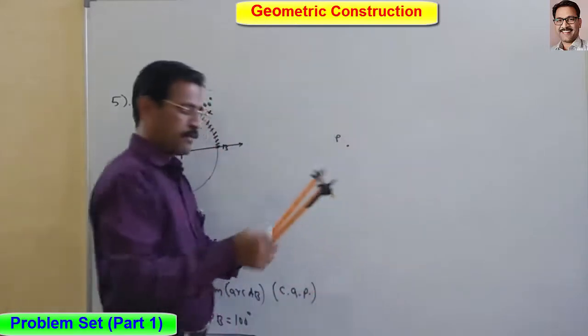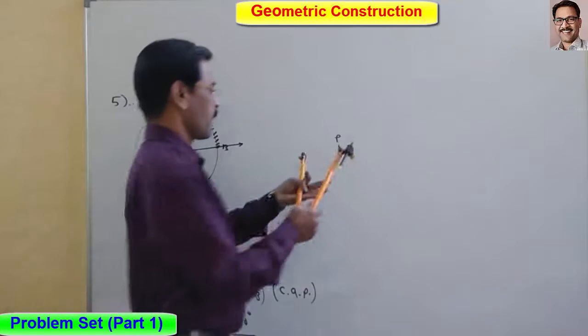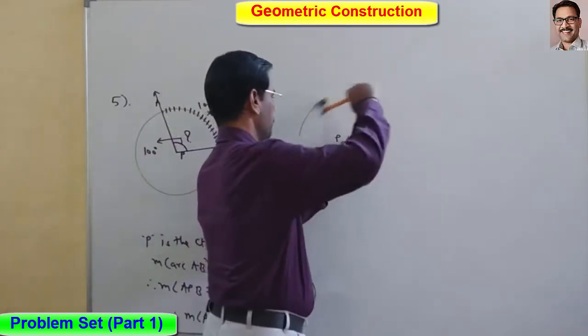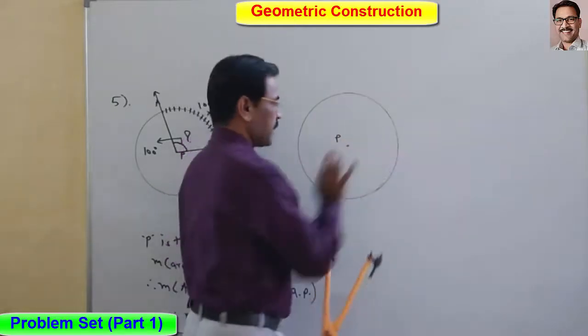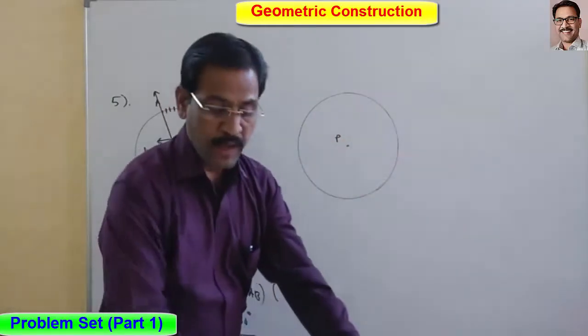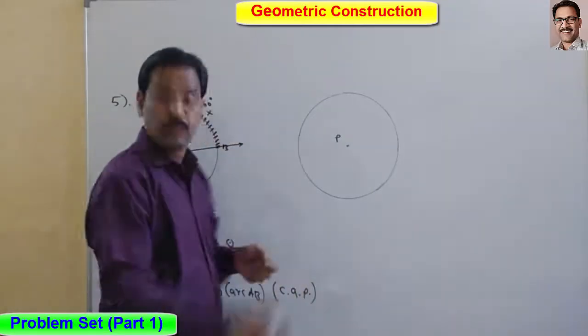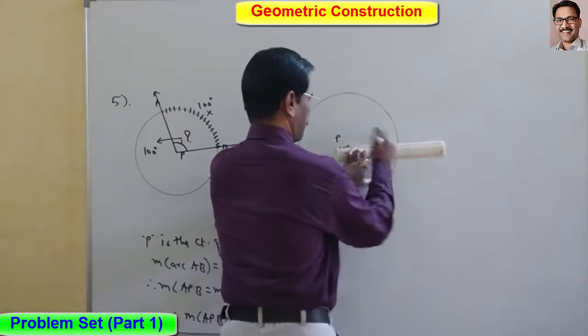Now I will take some distance in the compass. This is a circle. After drawing that circle, what am I going to take here? Yes, I'll take some base here to draw that angle. I'll just draw the base here.